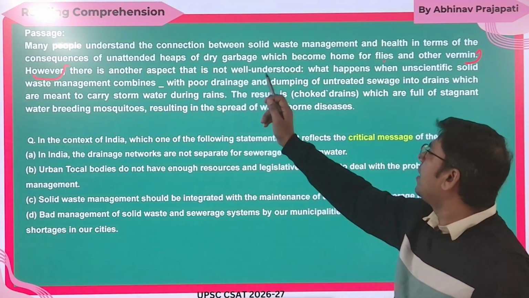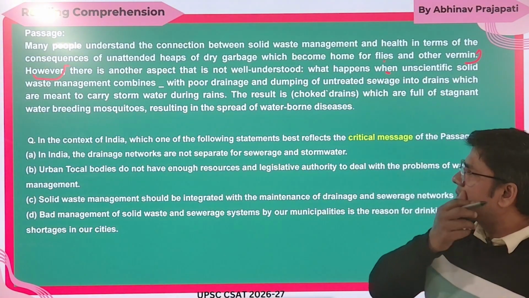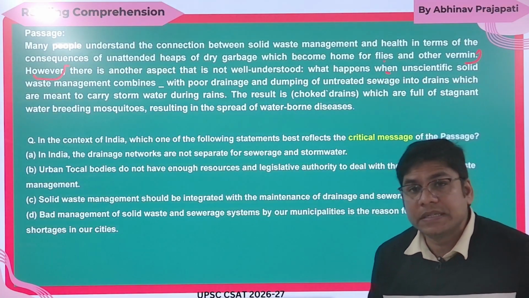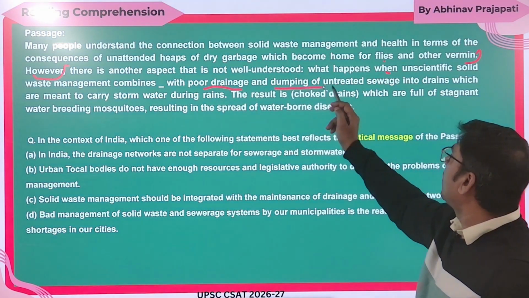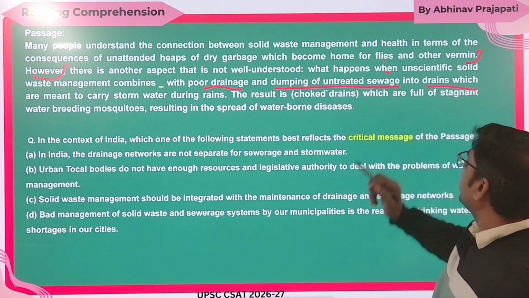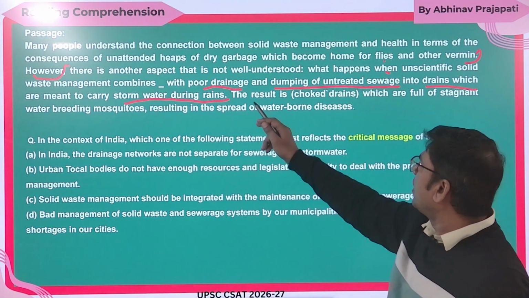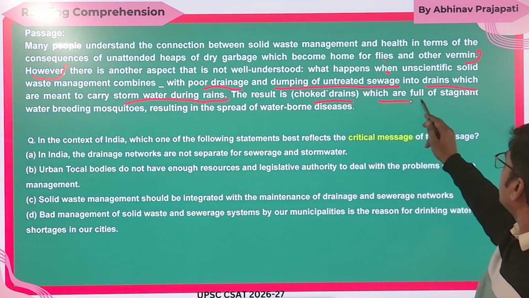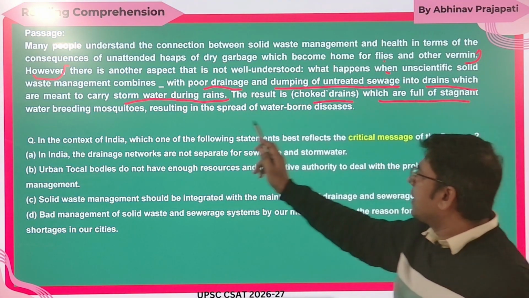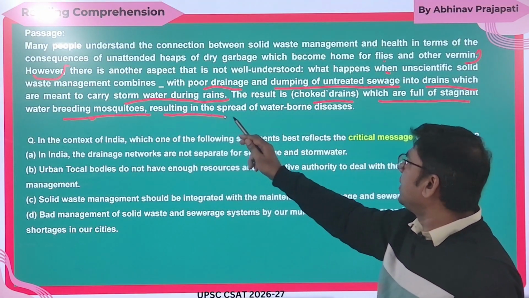What happens when unscientific solid waste management is combined with poor drainage and dumping of untreated sewage into drains which are meant to carry storm water during the rainy season? The result is choked drains, full of stagnant water, being a breeding ground for mosquitoes, resulting in the spread of waterborne diseases.